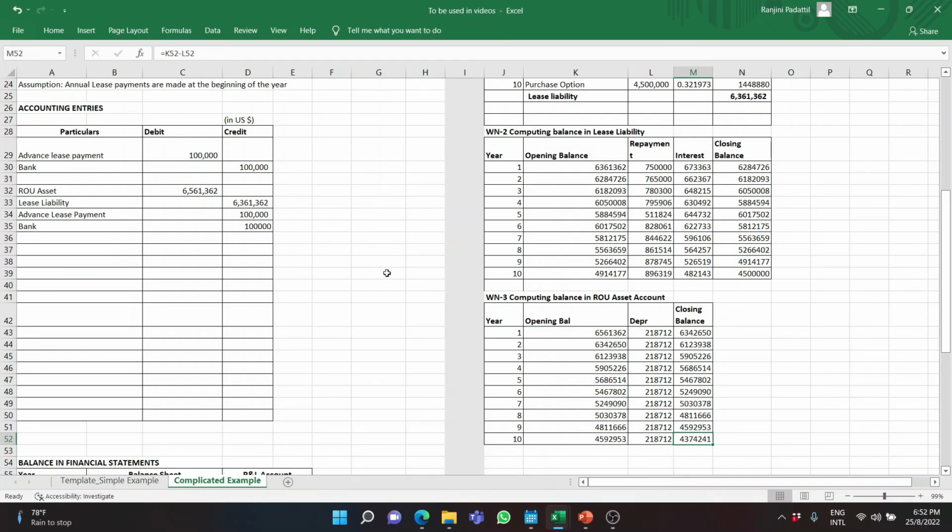Right, now let's pass our entries. Even at the beginning of the year itself, there is a lease liability debit, that is the repayment of the lease liability for 750,000.